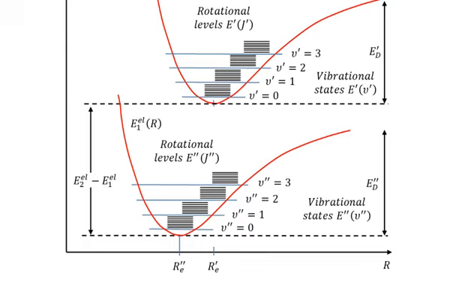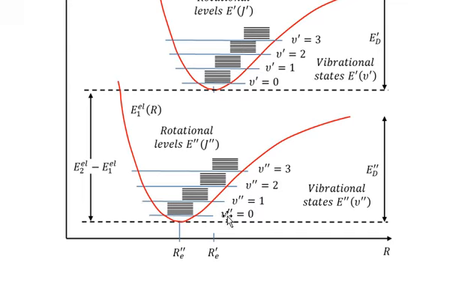And in the lower electronic state, you can see the horizontal lines, which are blue in color, intersecting the red curve, and these are actually the vibrational levels. I have specified them as V double prime equal to 0, V double prime equal to 1, V double prime equal to 2, V double prime equal to 3.